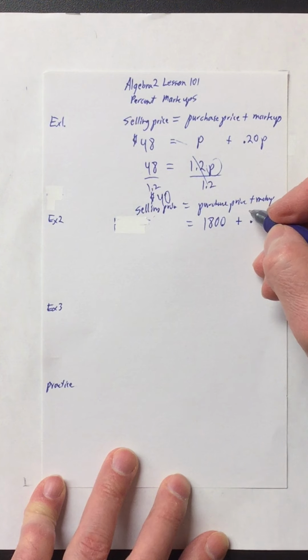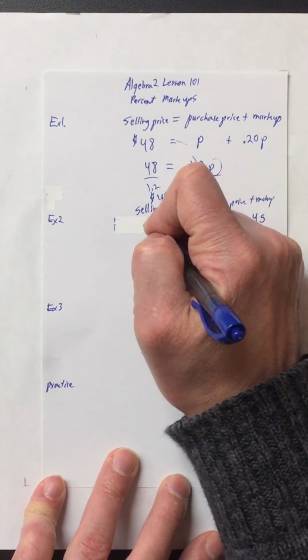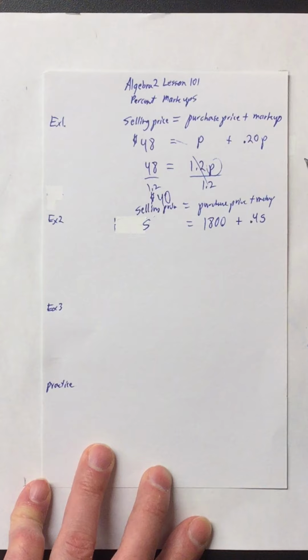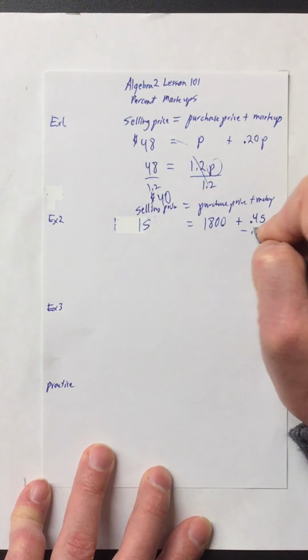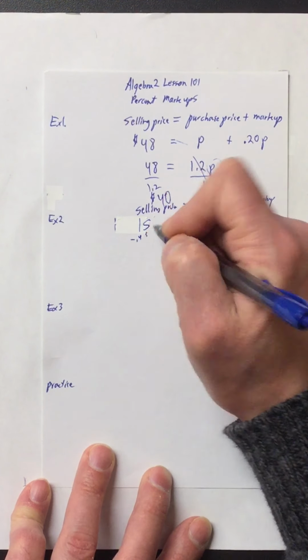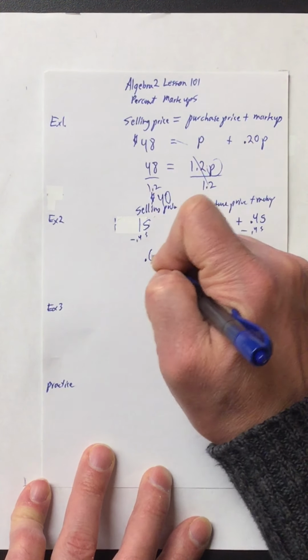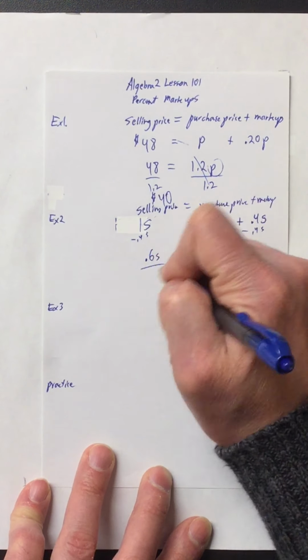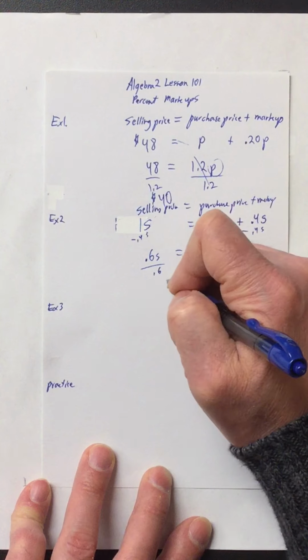And the selling price is over here, put an S over there for that. Okay, so understood. Let's subtract 0.4 from both sides, so it leaves us with 0.6 times the selling price is equal to our 1,800. Divide both sides by 0.6.